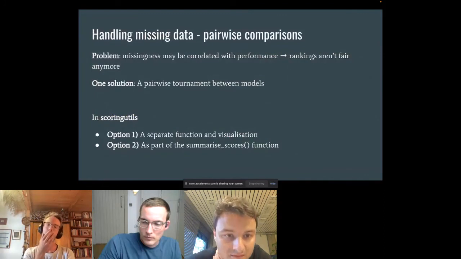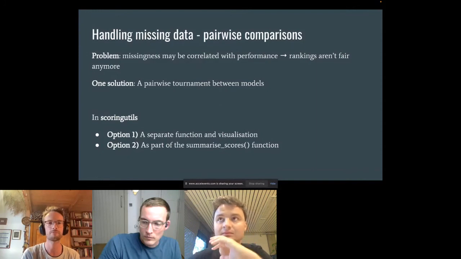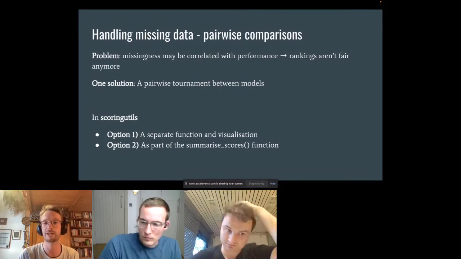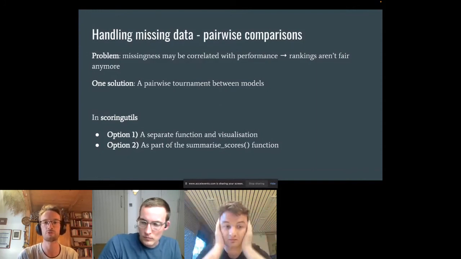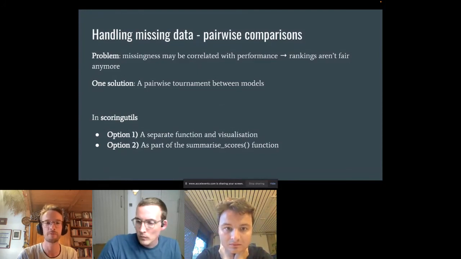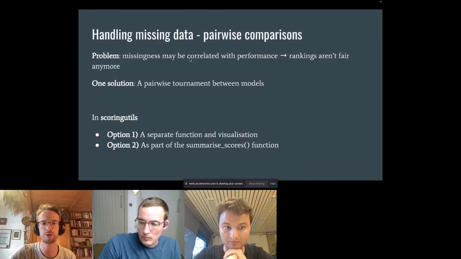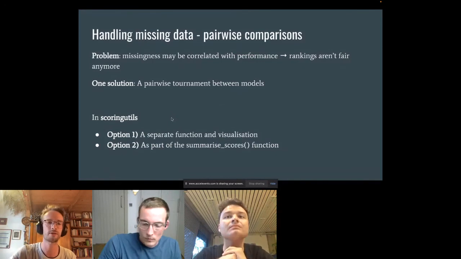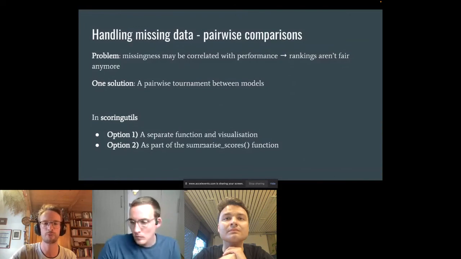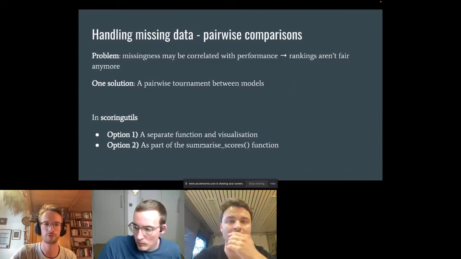But now, as I mentioned, we do have missing data in the example. And the problem is that missingness may be correlated with performance, which means that rankings really aren't fair anymore. And one solution that we propose is a pairwise tournament between models to rank them based on their forecasts. And there's two ways to do that. There's a separate function, and there's also a pairwise comparison included in the summary function.